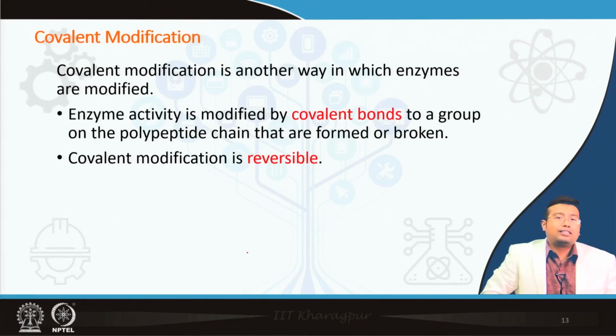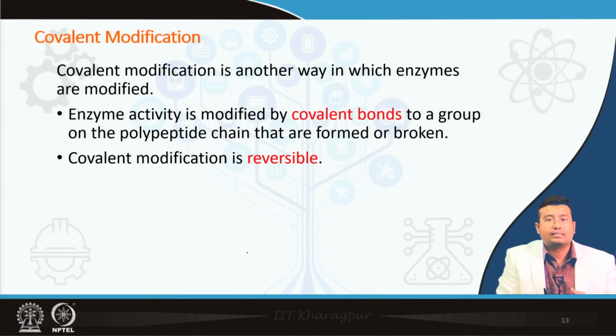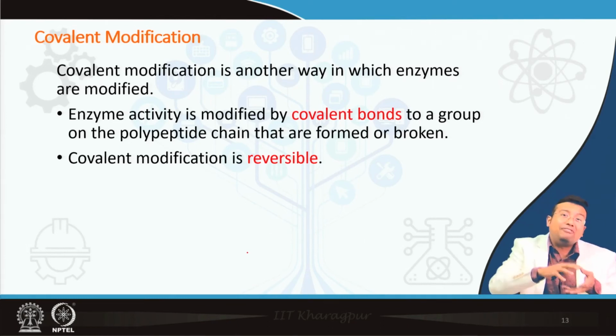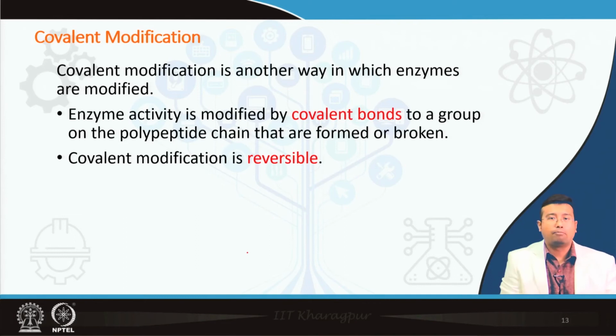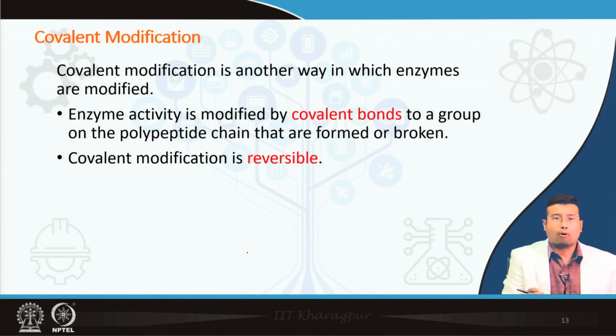So this brings us to the next type of regulation, that is covalent modification. What is covalent modification? This is very simple to understand: the enzyme is modified by formation of covalent bonds, which dictates how the enzyme activity will be, whether the enzyme will become active or inactive.